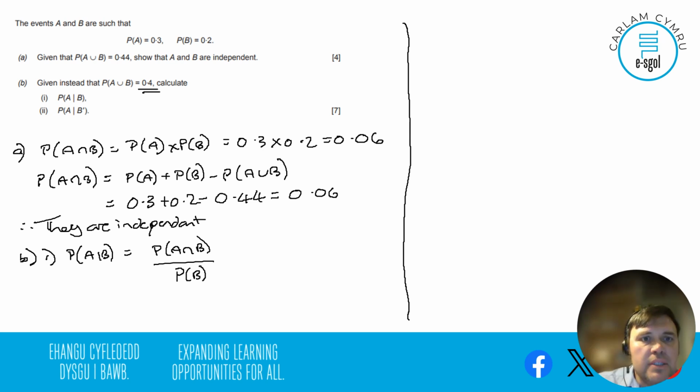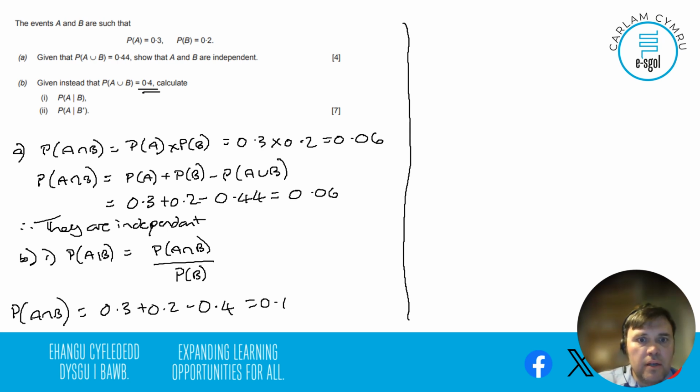At this moment in time, I don't have the probability of A and B. I need to calculate that. And again, I would use this formula up the top here, where the probability of A and B is equal to 0.3 plus 0.2 minus 0.4 in this case, so it is 0.1.